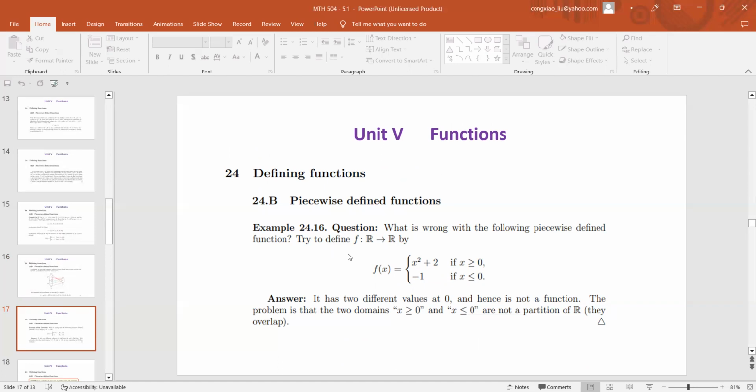If we try to define a function f from R to R, from real numbers to real numbers, by these formulas, f of x equals x squared plus 2 if x is greater than or equal to 0, and f of x equals -1 if x is less than or equal to 0. So what's wrong with it? You see, x equals 0 appears in both formulas.